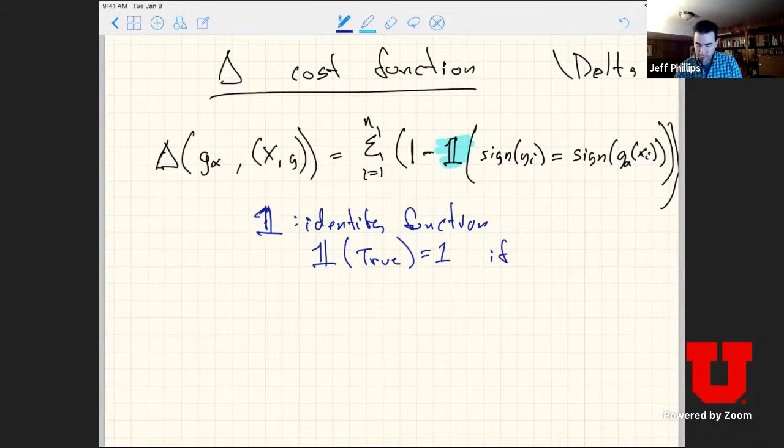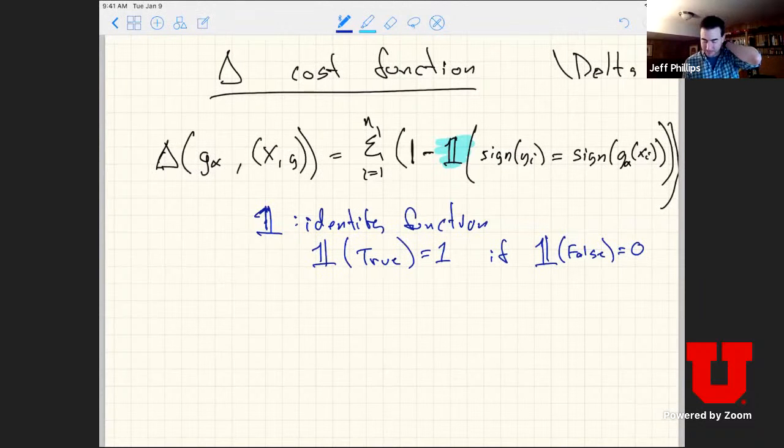If the inside is false, it's going to give a value of 0. So it's kind of taking a true-false expression and turning it into a binary thing. In some programming languages, these are equivalent to each other, where true can be mapped to 1, but think of it as turning a true-false expression into something that's actually 0, 1.